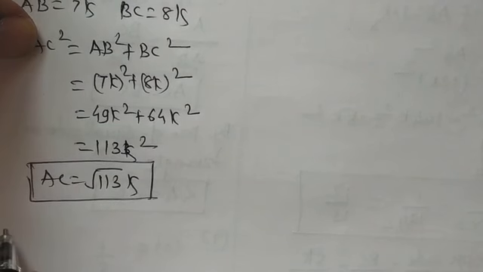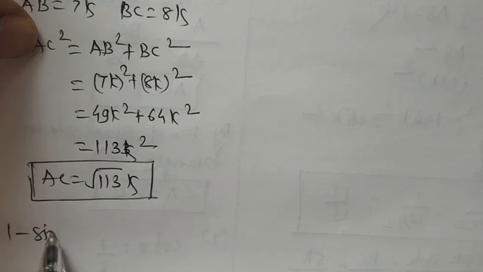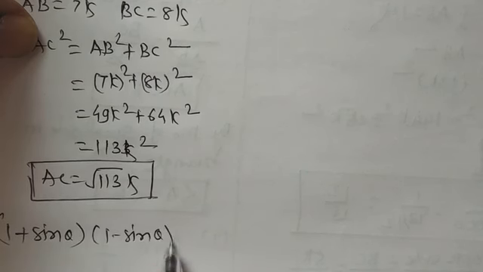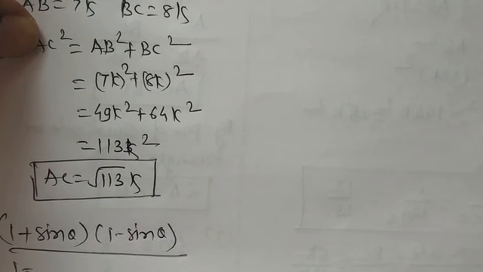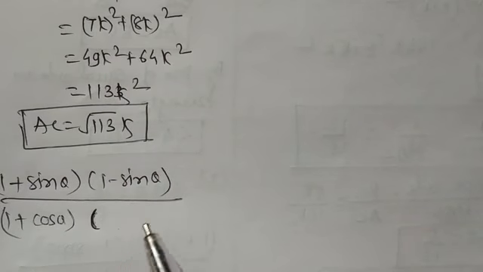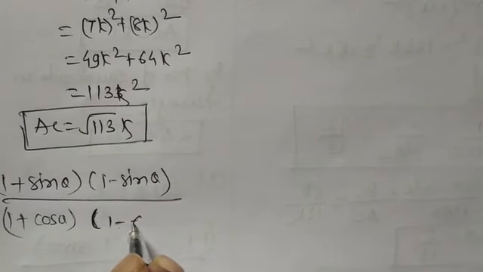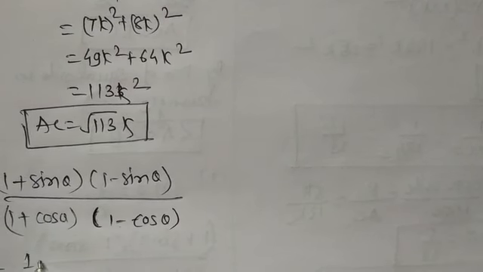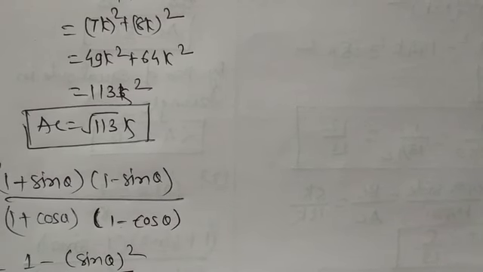Now (1 plus sin theta)(1 minus sin theta) upon (1 plus cos theta)(1 minus cos theta) equals 1 minus sin theta whole square upon 1 minus cos theta whole square.